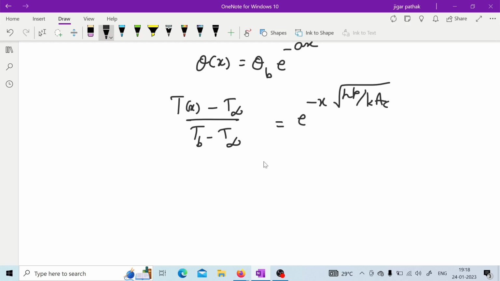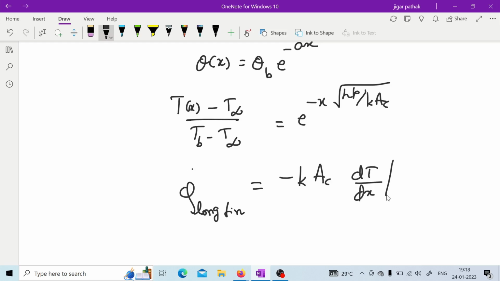Heat transfer for a very long fin can then be calculated by using this relation, dT by dx at x is equal to 0. If you put all these values from the above equation at x is equal to 0, you will have dT by dx at x is equal to 0.